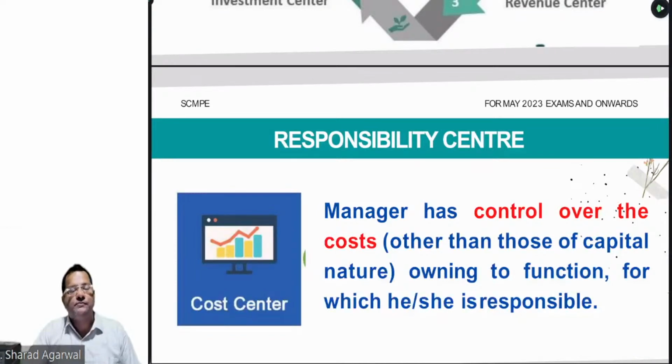Next line. Revenue center. Next line. Profit center. And point number 4 is investment center.